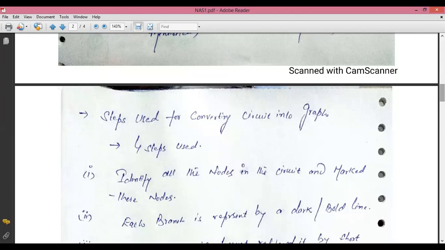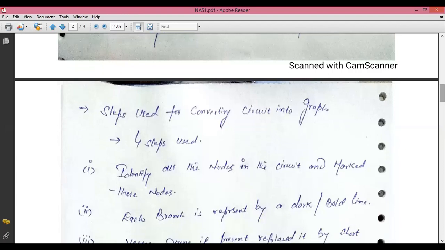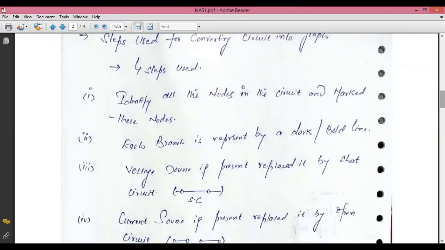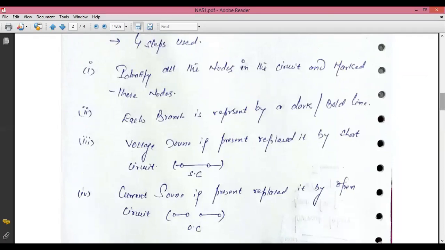Step number 1, you have to identify all the nodes and mark these nodes. I can again repeat, for converting the circuit into the graph we use 4 steps. Number 1, identify all the nodes and mark these nodes. Number 2, each branch is represented by a dark line or a bold line.